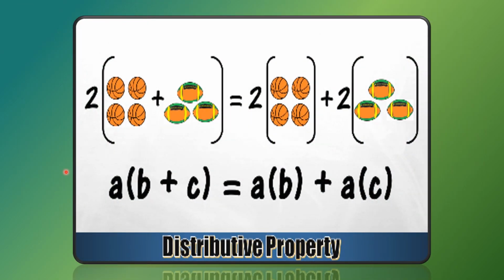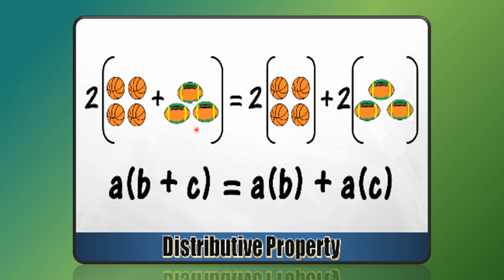Next picture. This is for the distributive property. So, 2 times the quantity of 4 basketballs plus 3 footballs. So, kapag sinabing distributive property, distribute, ibig sabihin, ipapamigay natin. So, paano ba natin i-distribute ang given? So, yung 2 ay i-distribute natin sa 4 basketballs at sa 3 football.